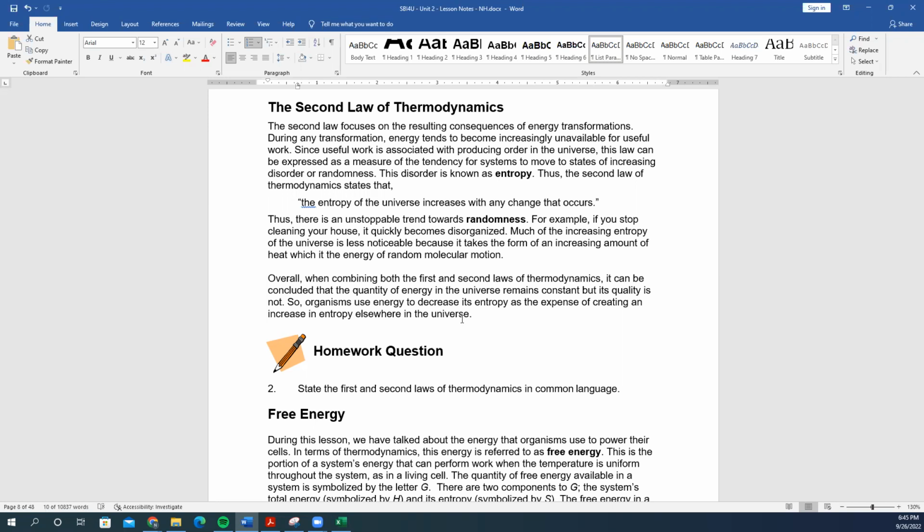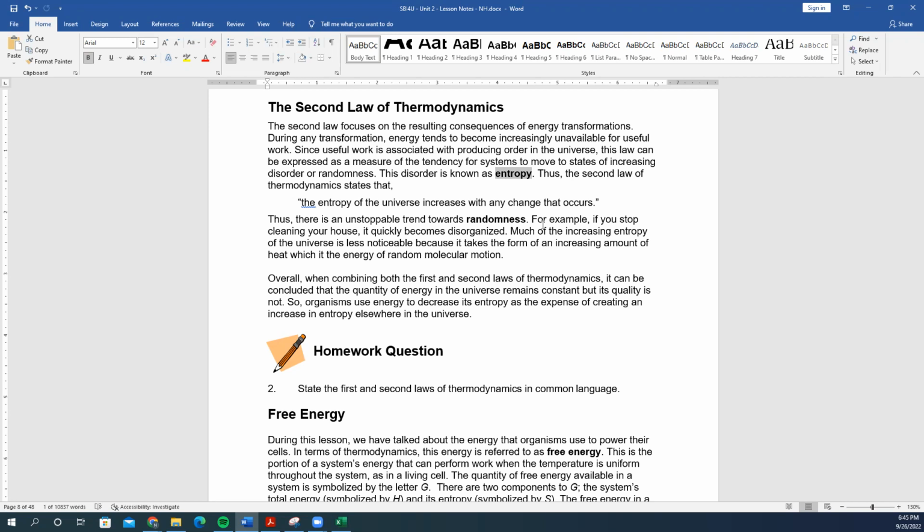The term we give to this disorder in terms of energy is entropy. And so the second law of thermodynamics says that the entropy of the universe increases with any change that occurs.